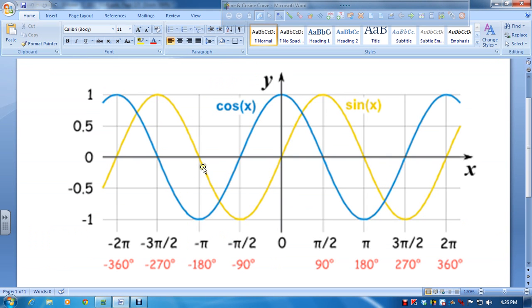So as you can see here on the handout, sine is the one in yellow. Yours is black and white, I believe, but you can tell the difference on yours. I believe the yellow sine curve is quite a bit lighter than the blue cosine curve.